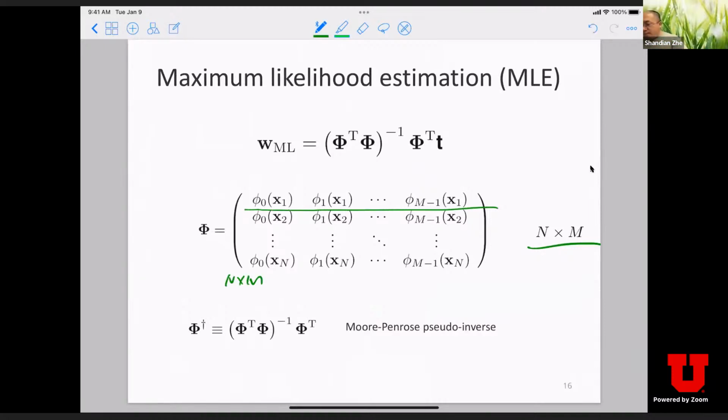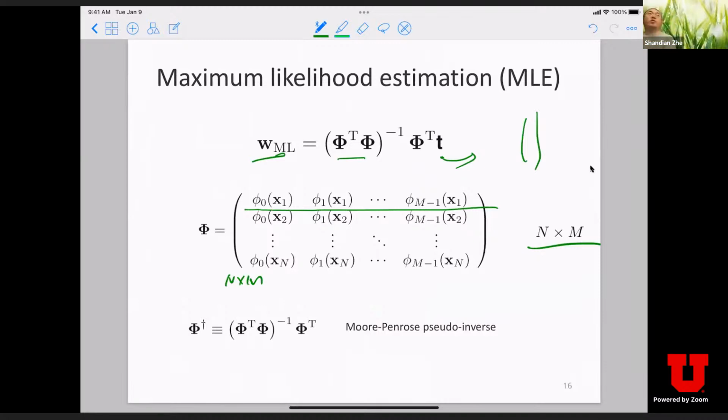And then by optimizing the likelihood, we maximize the likelihood, and we get that the maximum likelihood estimation of the model parameters W is obtained by taking the inverse of phi transpose phi, the design matrix transpose times the design matrix, and multiplying by phi transpose T. T is the observed n outputs, an n by 1 vector. Does it make sense?